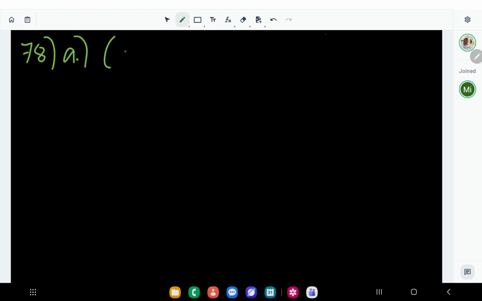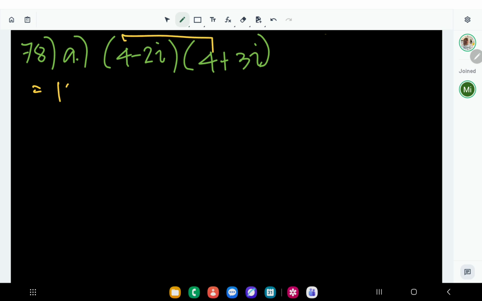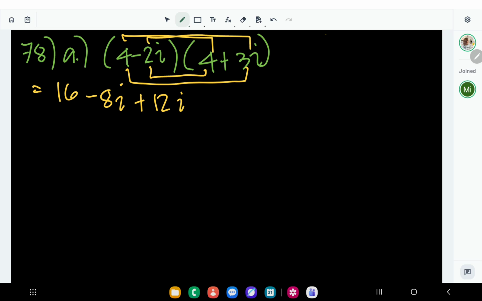Then 78a. So 4 minus 2i times 4 plus 3i. So we FOIL this. 4 times 4 is 16. Negative 2i times 4 is negative 8i. Then 4 times 3i is plus 12i. This is negative 6i squared, right?